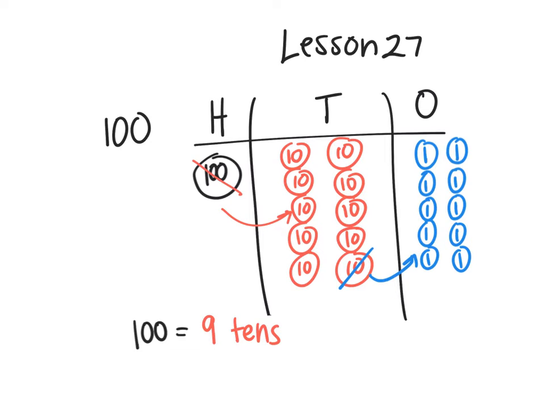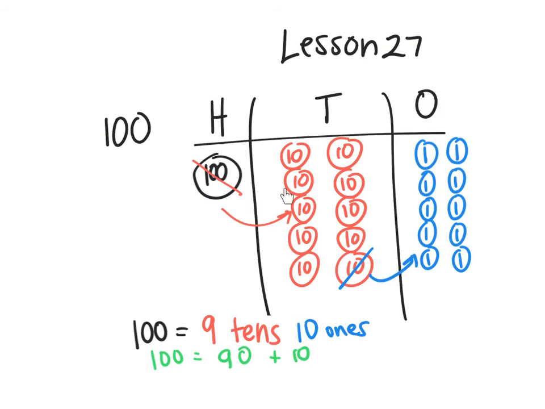And I have 10 ones. So I could say 100 is the same as 9 tens and 10 ones. If I were to write that as an equation, it would look like 100 is equal to 90 plus 10. And we know that 90 plus 10 is the same as 100.